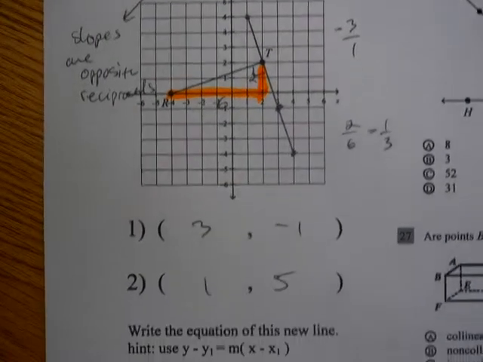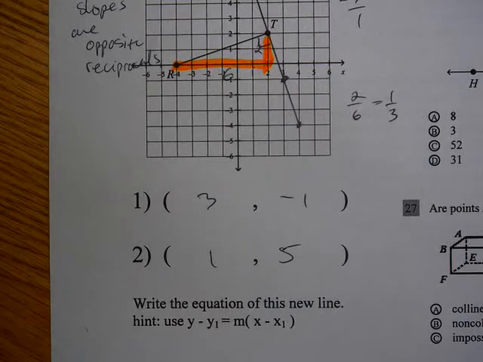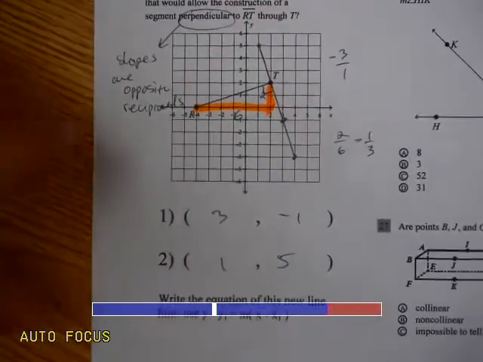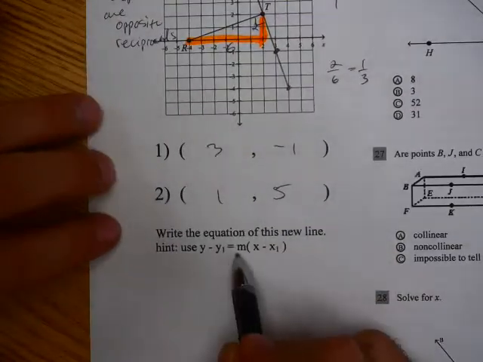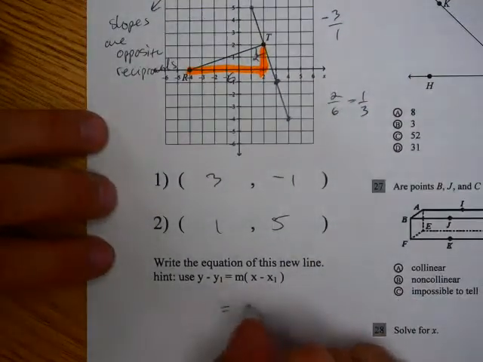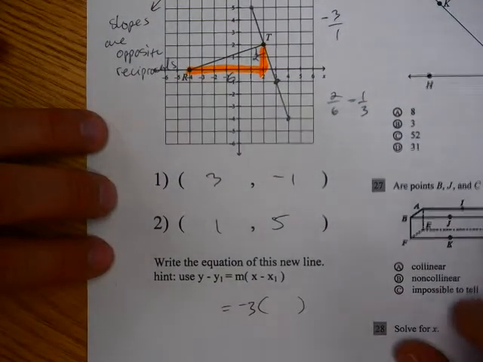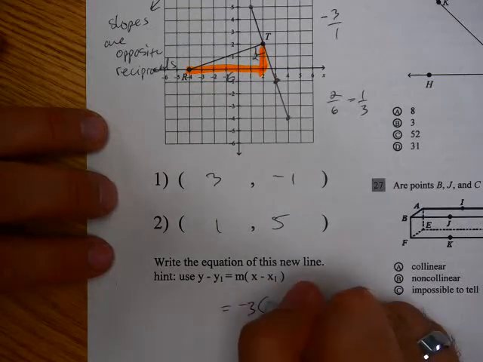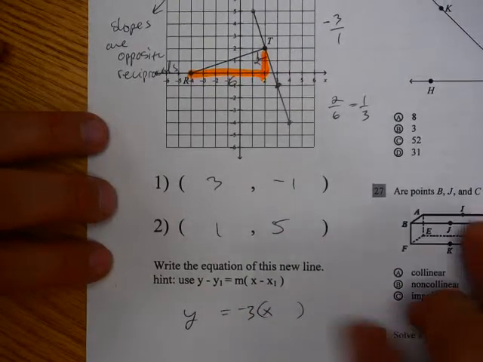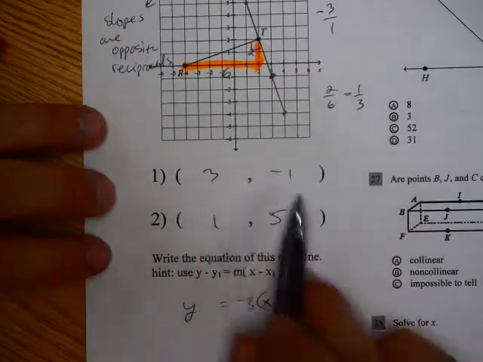Now the last part is write the equation of this new line. Use y minus y1 equals m times x minus x1. If I use that equation, the slope I got was -3/1, which means it's -3. The first x is going to stay where it is. This first y is going to stay where it is. Now x1, y1 can come from either of these points.